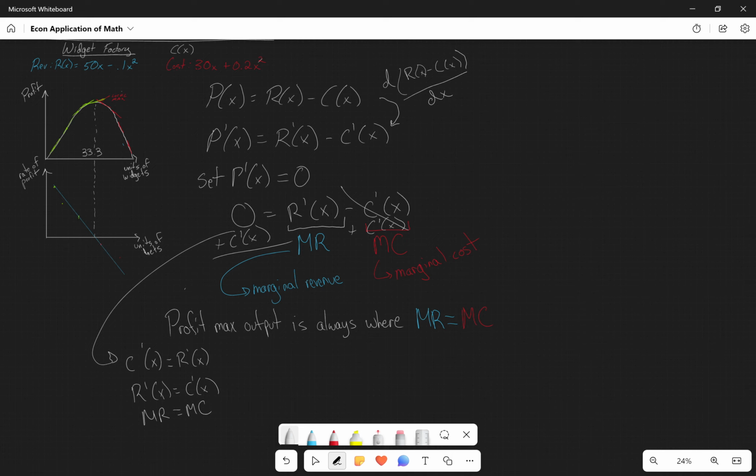The way that we start this one is we ask ourselves, what is our marginal revenue? Our marginal revenue is going to be that first derivative of R with respect to X. And so it's going to be 50 minus 0.1 times 2, 0.2X, just to the 1 power.